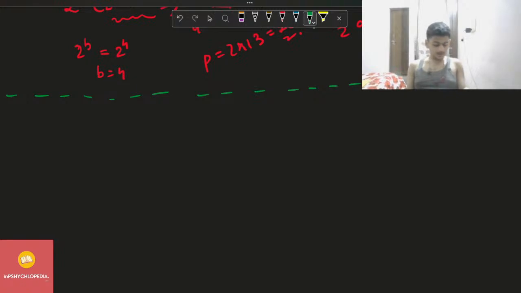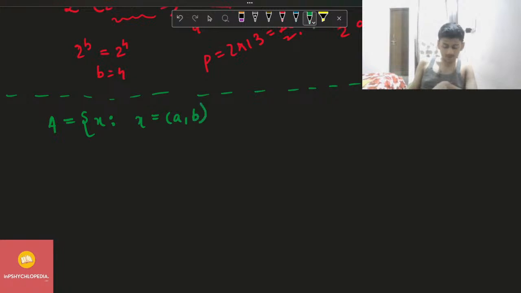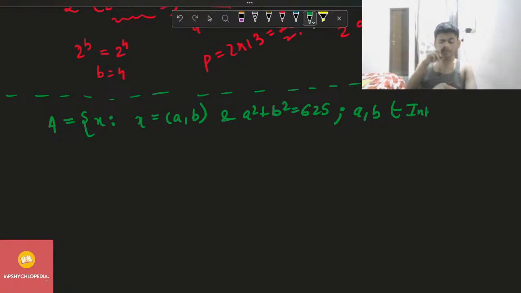So there was a set A given, such that x belongs to set A, where x is equal to the ordered pair a comma b, and a square plus b square is equal to 625, and a and b belong to integers, right?